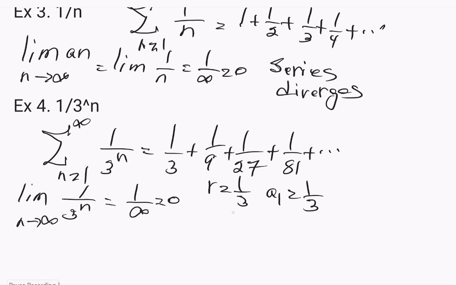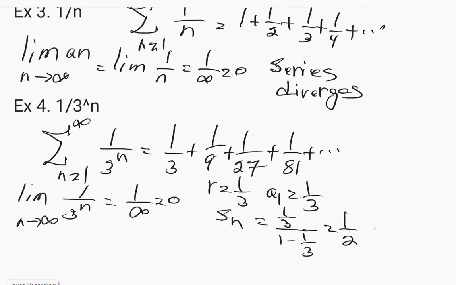The sum exists, and s equals (1 over 3) divided by (1 minus 1 over 3). 1 minus 1 over 3 is 2 over 3, and 1 over 3 divided by 2 over 3 equals 1 over 3 times the reciprocal of 2 over 3, which is 3 over 2, and that equals 1 over 2.